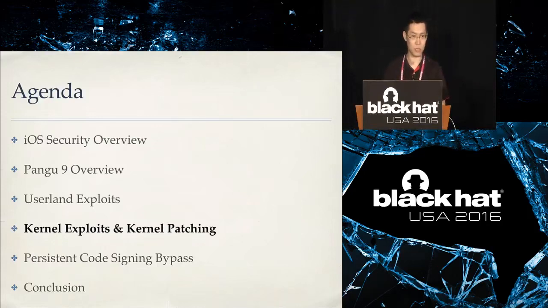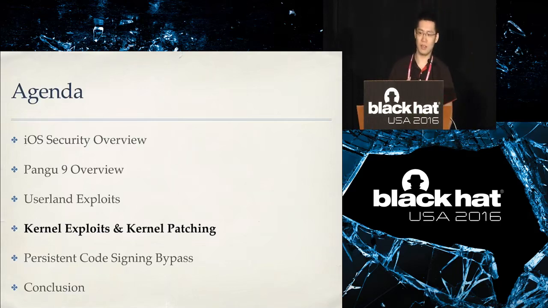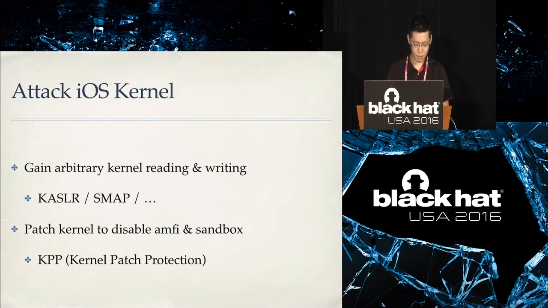First of all, we will talk about the kernel exploit and the kernel patching in Pangu 9. We will not talk about the details of the patching, but we will tell you how to bypass the KPP. So to make a jailbreak, you have to attack the iOS kernel, because a lot of enforcement is actually implemented in the kernel part.